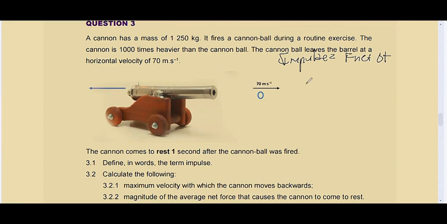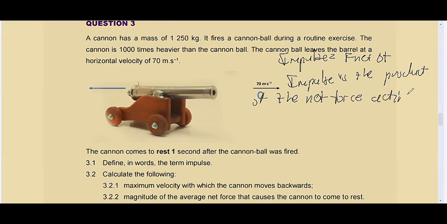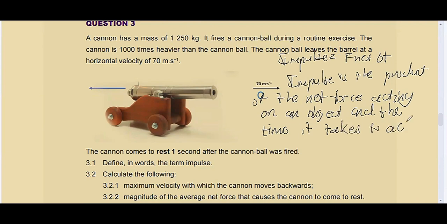So we say impulse is the product of the net force acting on an object and the time it takes to act on the object.